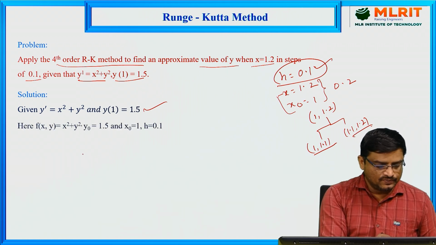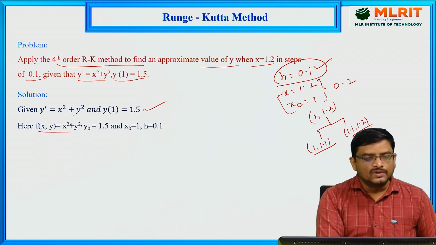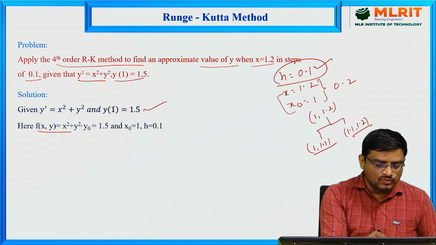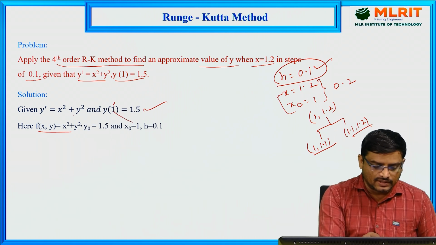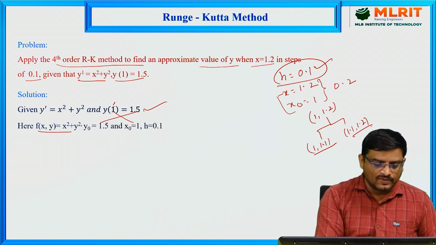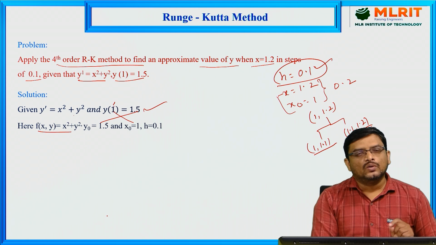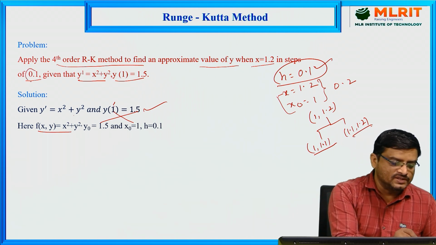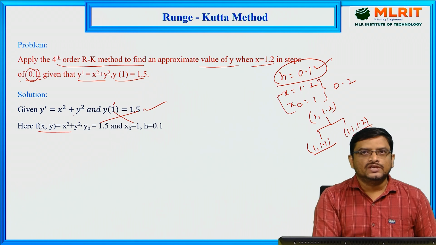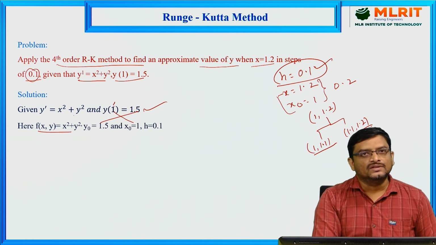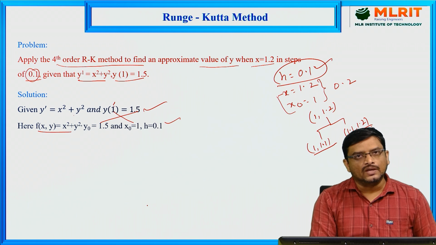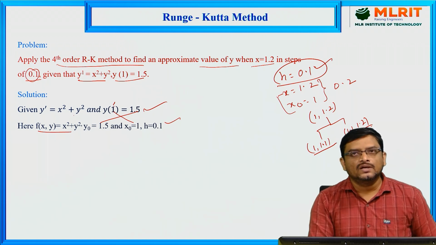This x square plus y square we can consider as f of x comma y, this 1 we can consider as x naught, and this 1.5 we can consider as y naught. The step length is represented with h, so h is equal to 0.1. This is the data given in the problem.